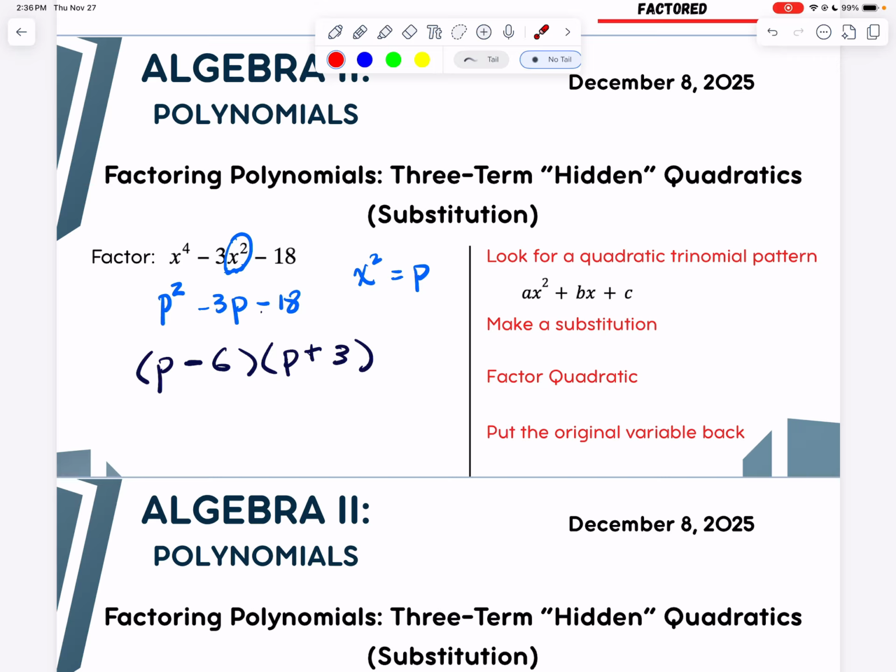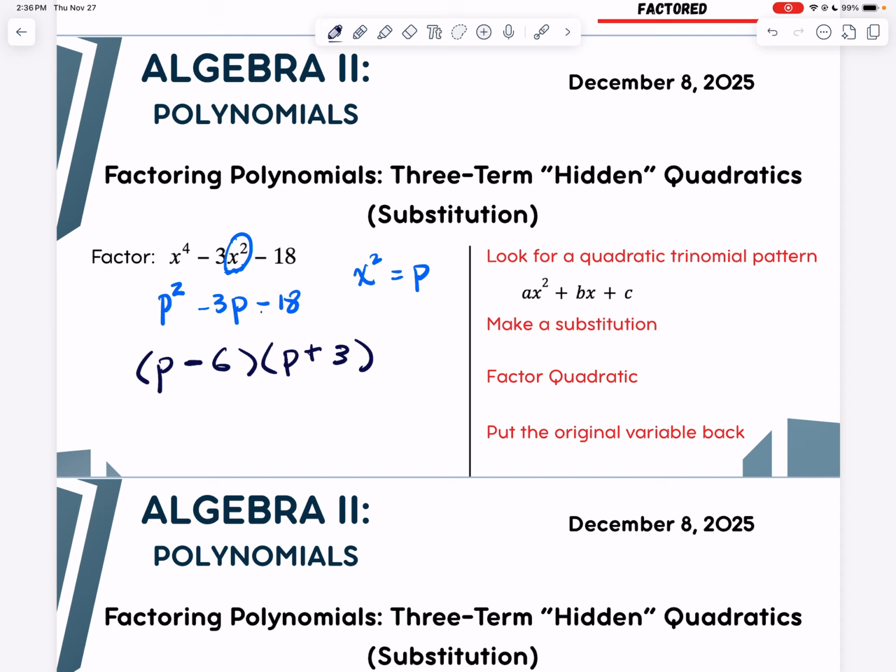So let's double check to make sure. When you multiply negative 6 and 3, we get negative 18. When you add negative 6 and 3, you get negative 3. That's what we want. All right, so now we factored it, but remember our original expression did not have a p. Our p is x squared. So now we can put it back.